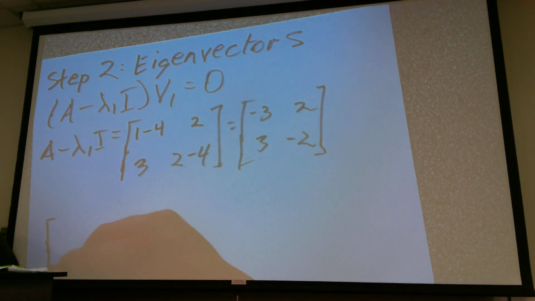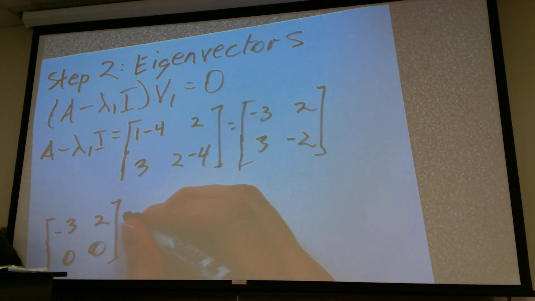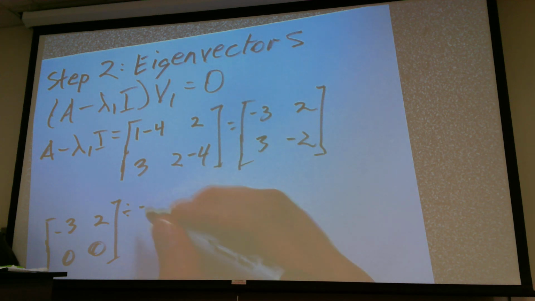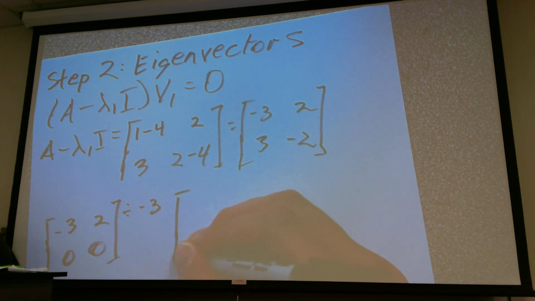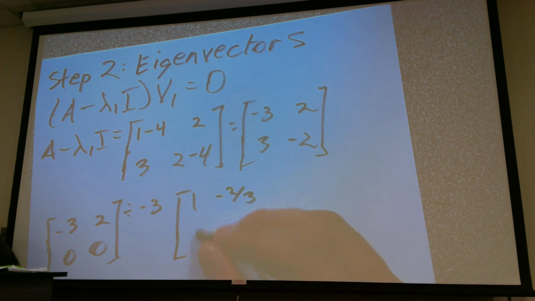So, you know what? Since we can eliminate that row, let's divide this top row by negative 3. And we end up with 1, and then negative 2/3, 0, and 0.